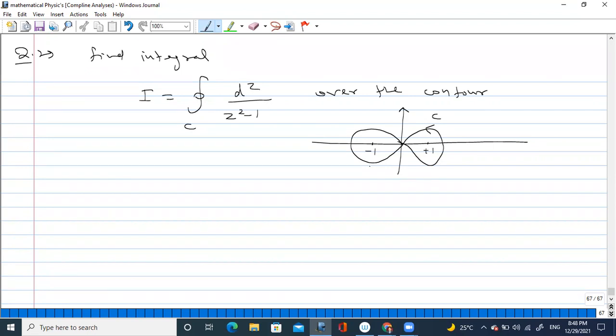Now tell me, is this contour clockwise or anti-clockwise? Can anybody tell? Very difficult question. For some part it is coming clockwise, sir. Yes. Actually, in this type of question we have to extend our arrow.